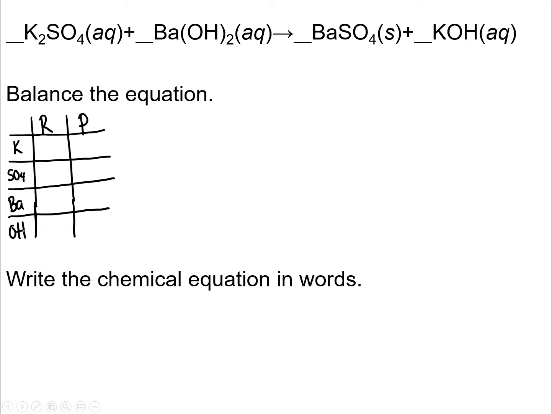And we can keep those ions together because they appear on both sides. So we fill in how many of each thing we have on the reactant side, which is the left side. The product side is always the right side.